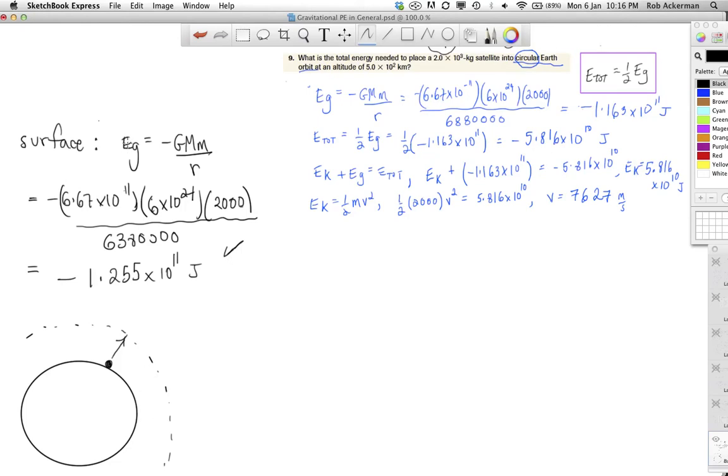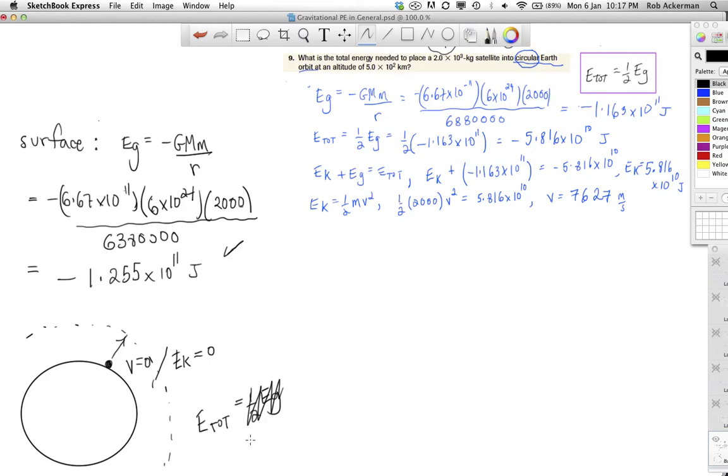So we know that we started with this much energy, and we were not moving. When you're on the launch pad, your speed is 0, and therefore your EK is 0, which means that on the surface, your total energy, remember you're not in orbit, so don't use the half EG idea. Don't say this when you're sitting on the launch pad. That's nonsense. If you're sitting on the launch pad, you're not in orbit.